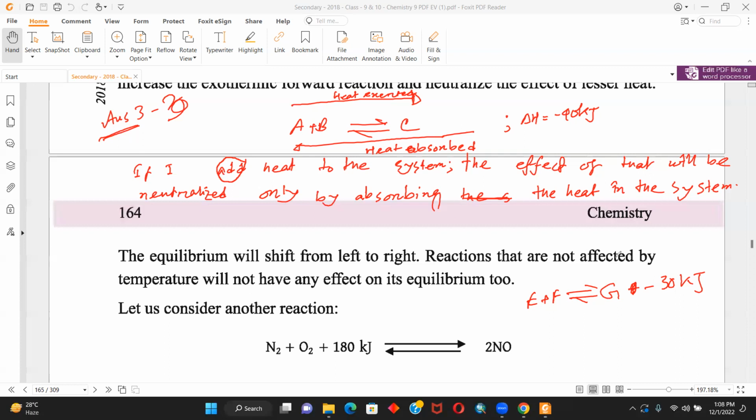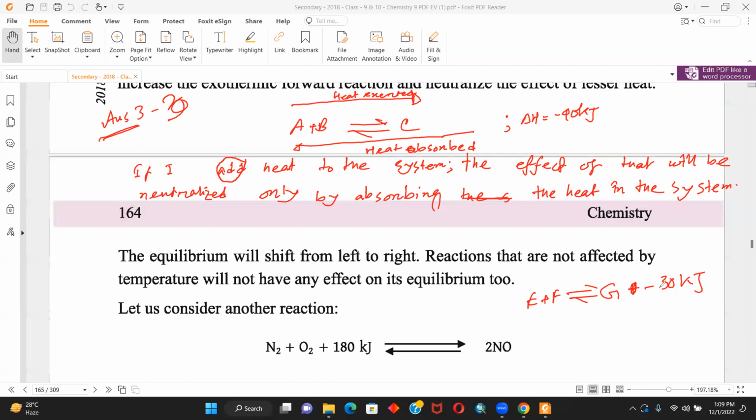It's not difficult. What is the opposite of absorbing? It is like adding heat, right? In which reactions is heat being added? In case of forward reaction, heat is being added.